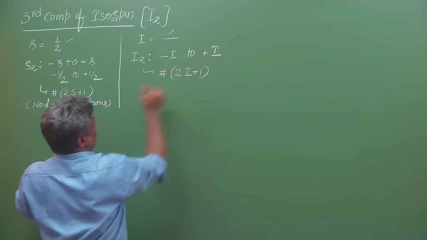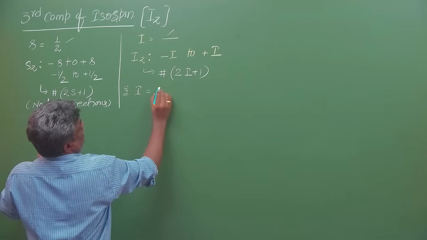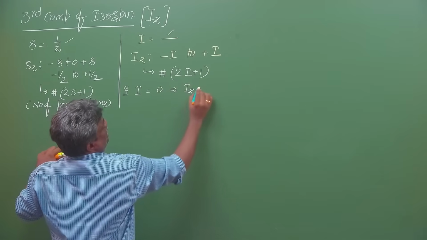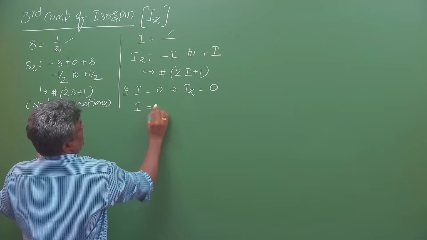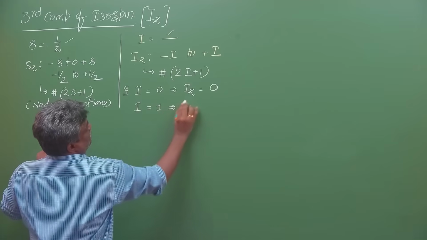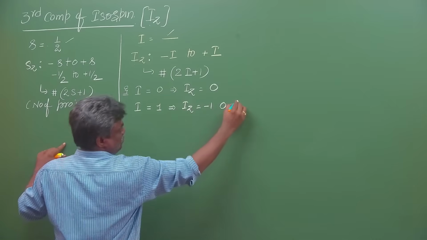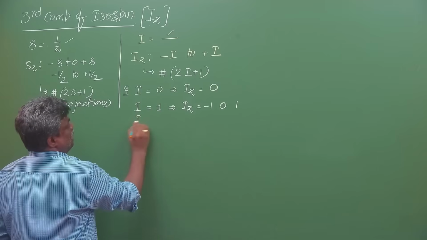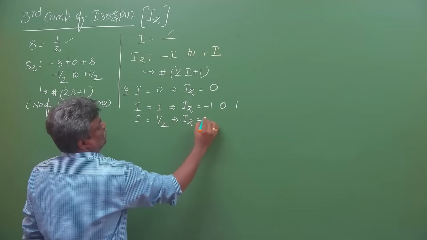Understand? So IZ takes values from where to where? Minus I to plus I. Example. I have taken 0. Could you please tell me what is IZ? Very few people are saying. If I take I equal to 1, then what are IZ values? Super. If I take isospin I equal to 1 by 2, then IZ equal to?